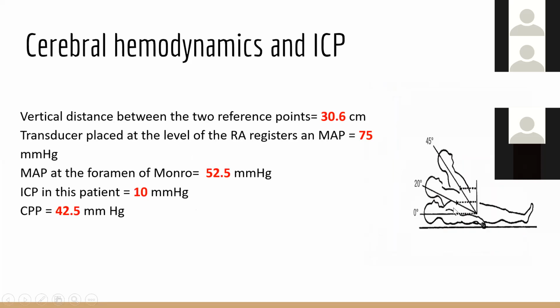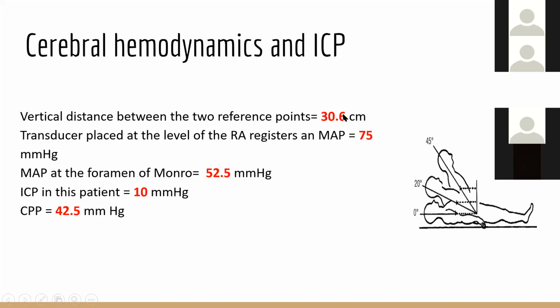So for example, if the reference points are the right atrium and foramen of Monro, with a 45-degree inclination or head-up position, there is a difference between the two reference points of 30.6 centimeters, and the transducer is placed at the level of the heart or right atrium, measuring 75 millimeters of mercury of blood pressure.